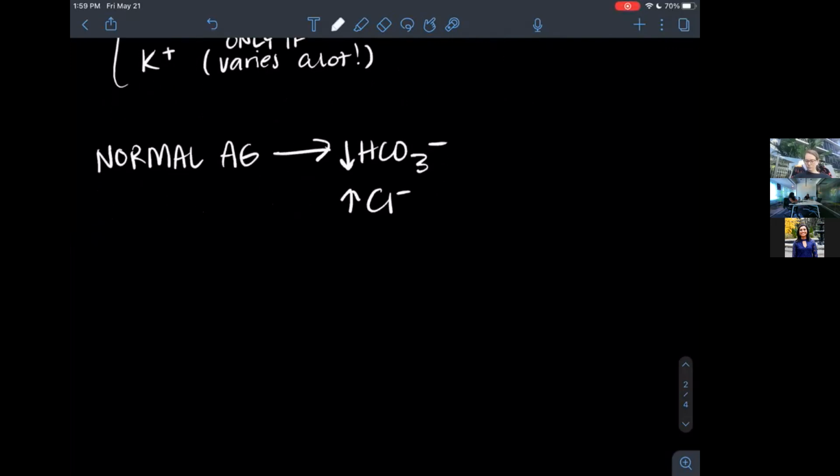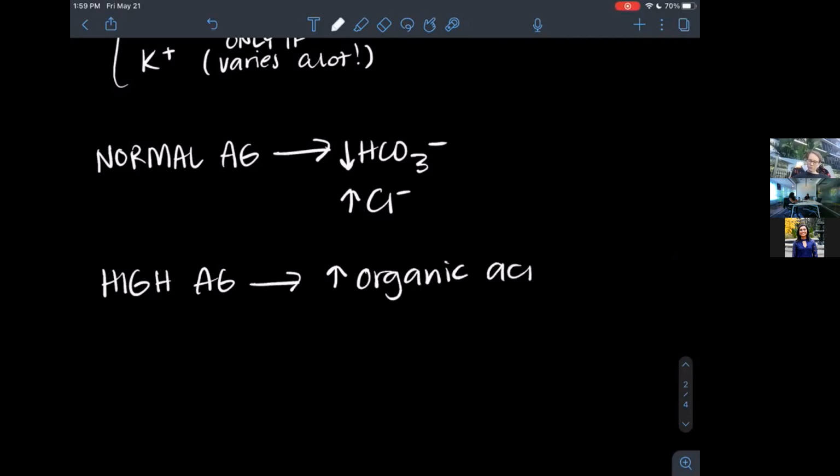If you have a high anion gap, that means you're probably gaining some sort of organic acid. And we will go into what that means.